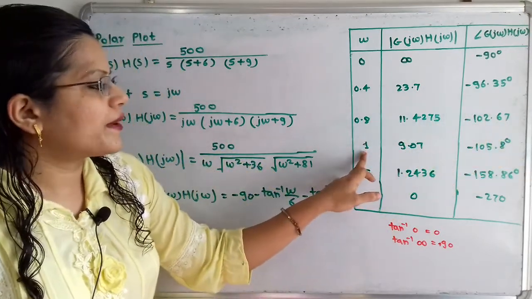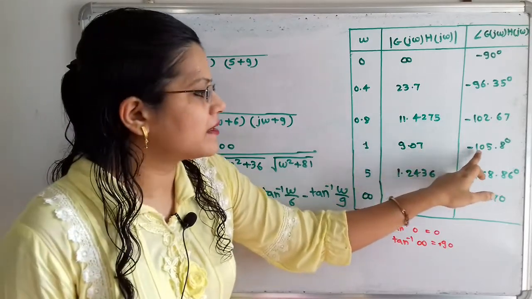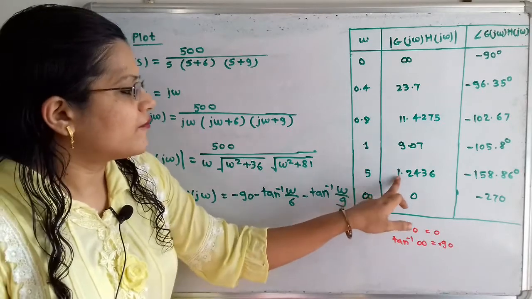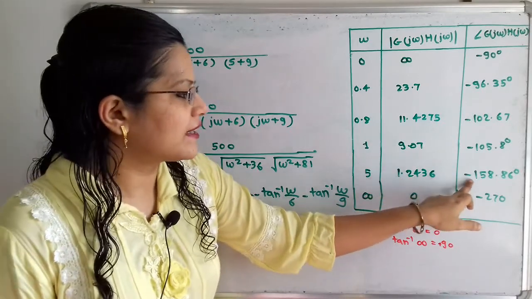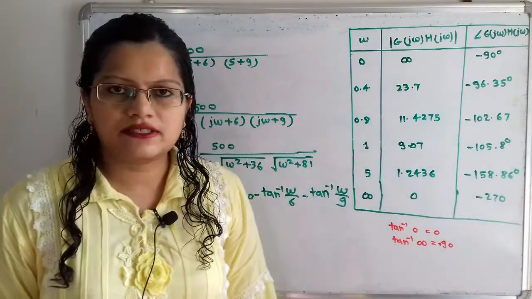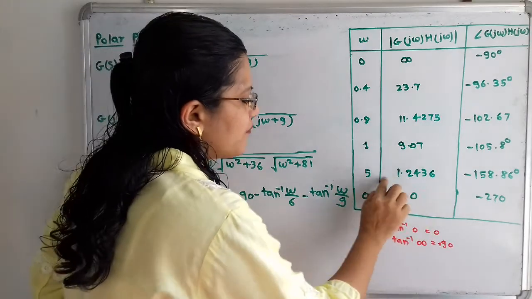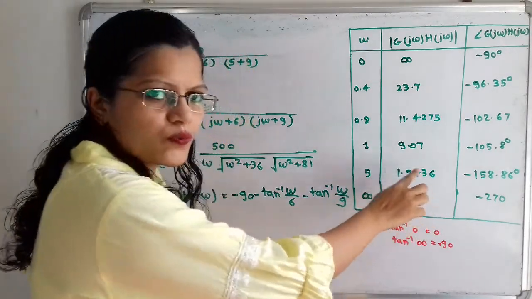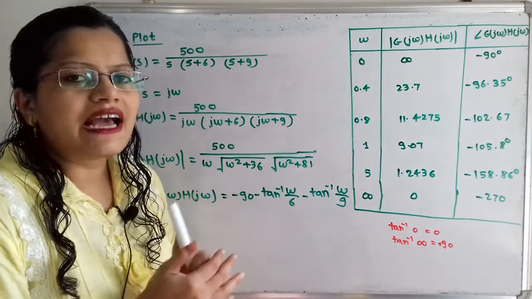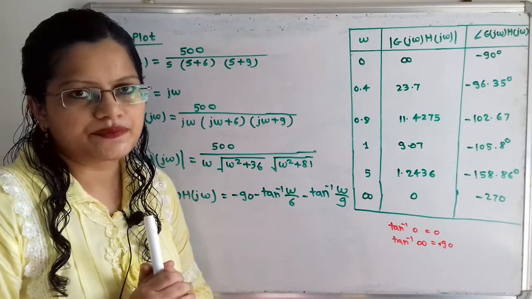Then for omega equal to 1, magnitude 9.07, angle minus 105.8. Then for omega equal to pi, 1.2436 and minus 158.86. At omega equal to pi, the value is near 0, so I will directly take omega equal to infinity after pi.